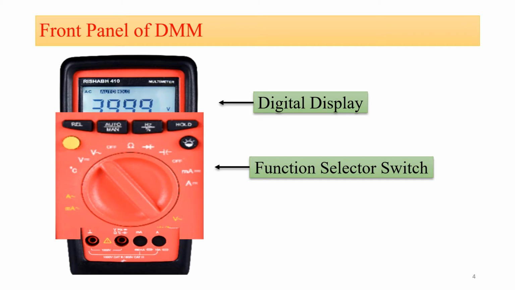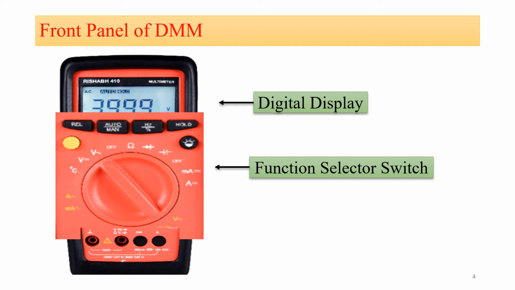Here the different electrical parameters which we can measure by using digital multimeter are available. First of all, the milliampere, which is the current in milliampere, similarly AC current, which is in ampere. Then the degree Celsius, that indicates the temperature. Similarly the DC voltage, AC voltage.